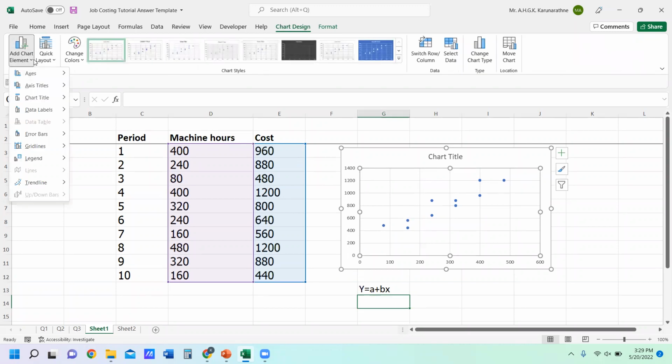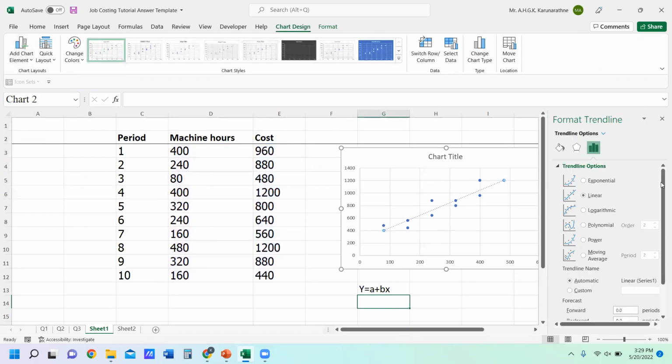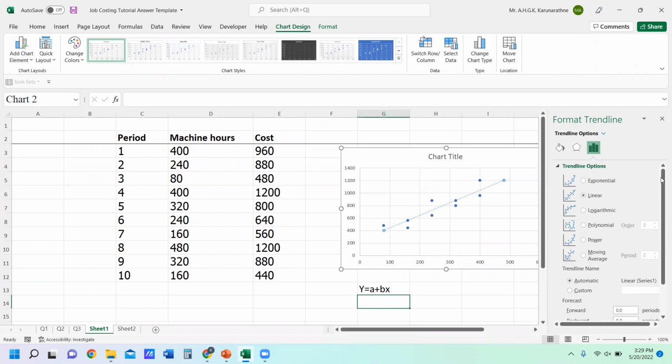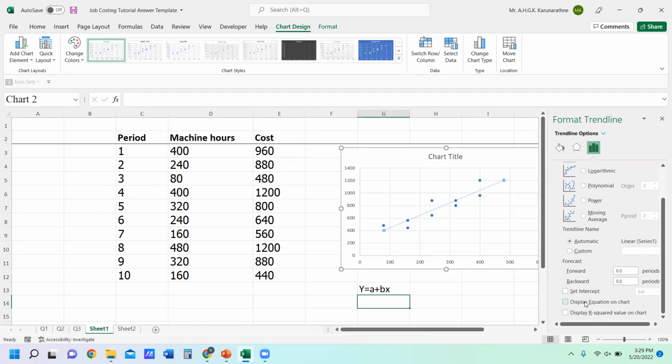Go to Add Chart Element, go to Trendline, then Trendline Options. Let's draw the trend line. I take the linear trend line, and here you can see Display Equation on Chart.